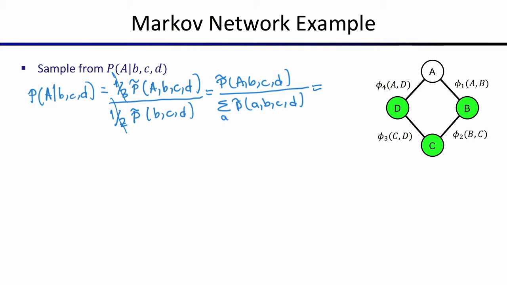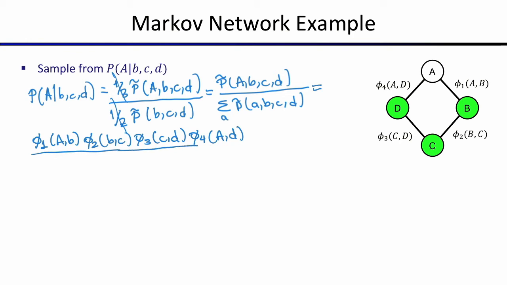We start with phi1 over variables A and B, times phi2 over variables B and C, times phi3 over variables C and D, times phi4 over variables A and D. This is going to be divided by the sum over A of the same factors: phi1 AB, phi2 BC, phi3 CD, and phi4 AD.